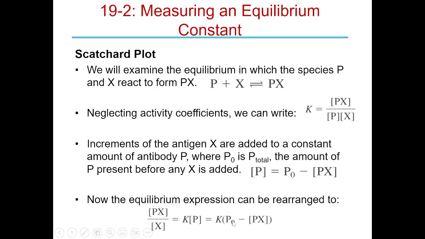Then we substitute this term here for P0, which is a known quantity, which we can just plug in, minus Px. Notice that Px shows up twice now. So we've simplified this term for doing calculations later on.